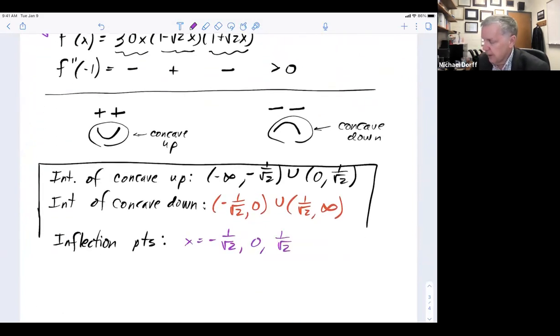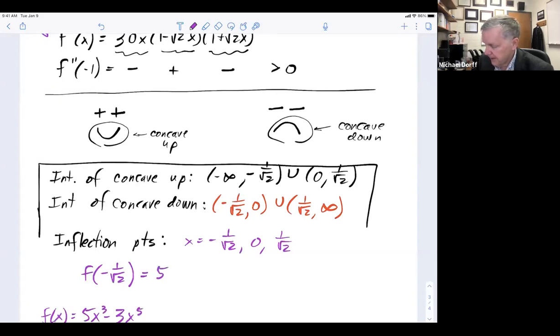All right. Now, they want an inflection point. They don't want just the x value, so I need to figure out what f is at these points. So f at negative 1 over square root of 2. I'll plug that back into my original equation. Again, remember f of x was 5x cubed minus 3x to the fifth.